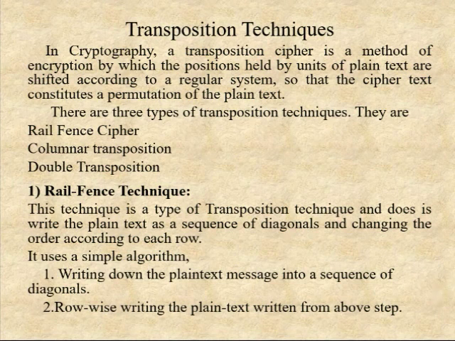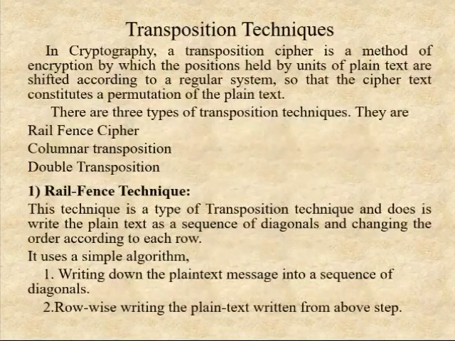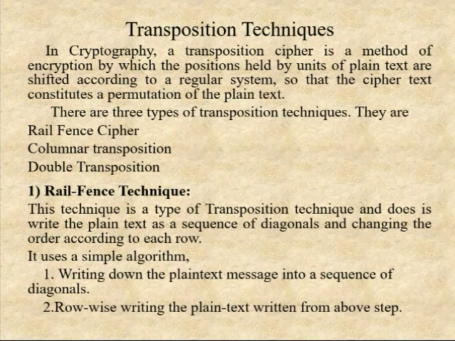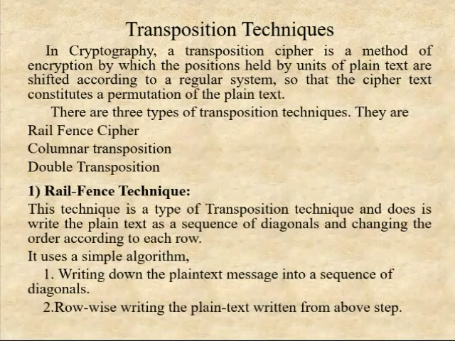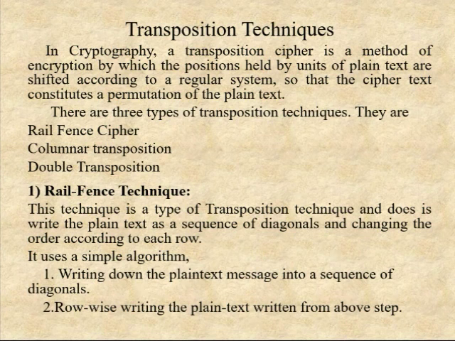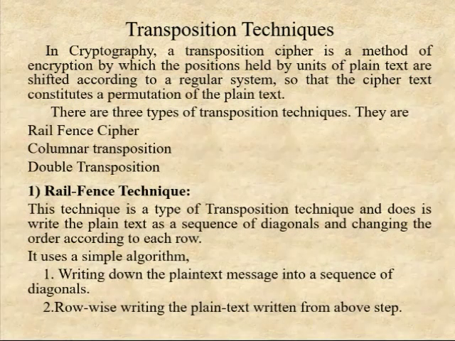This technique is a type of transposition technique that writes the plain text as a sequence of diagonals and then changes the order according to each row. It uses a simple algorithm.